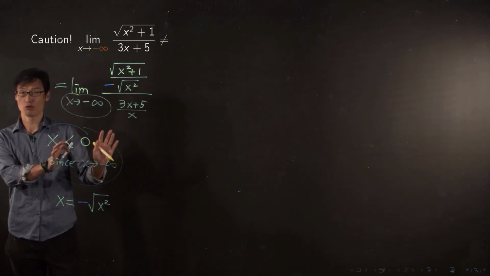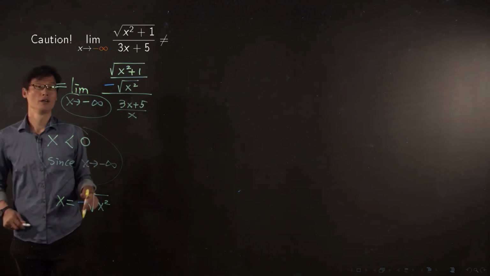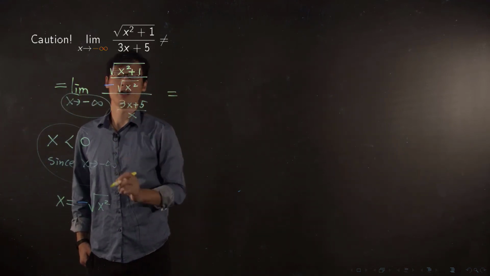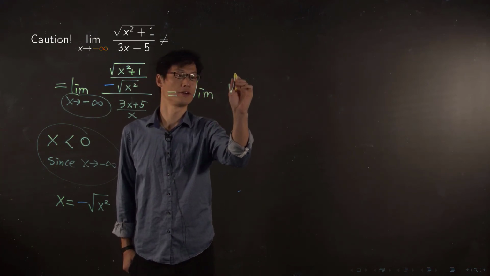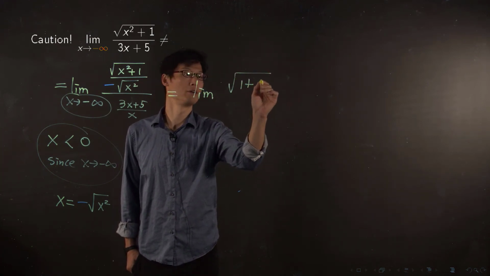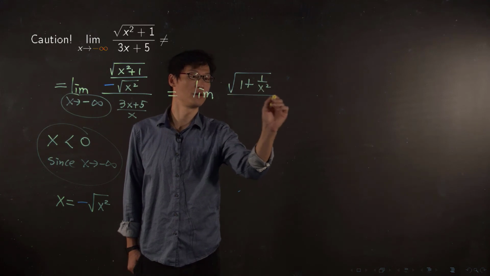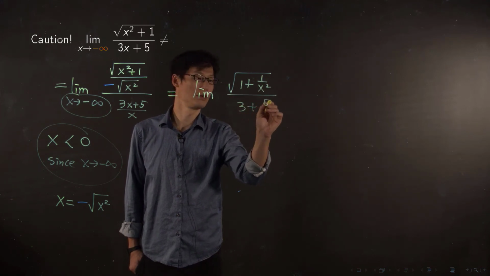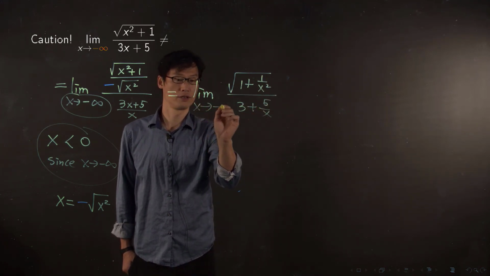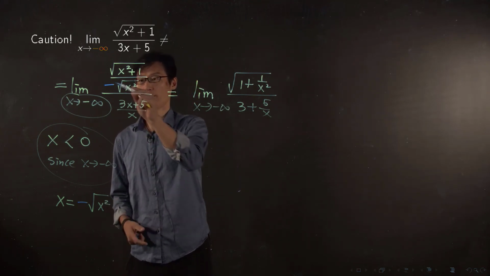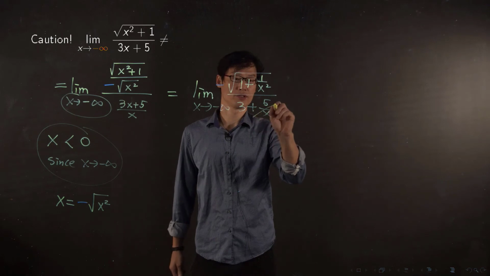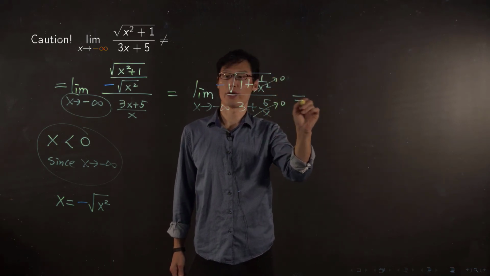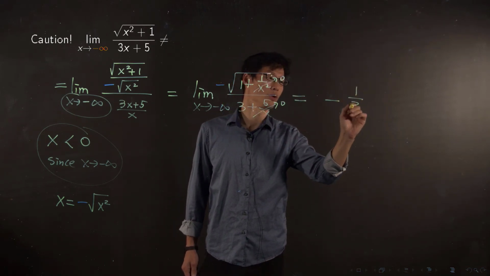The remaining calculation will be similar. After simplifying this denominator and numerator, we will have the same thing, but remember, we have an extra minus there. So after taking the limit, we have negative 1/3.